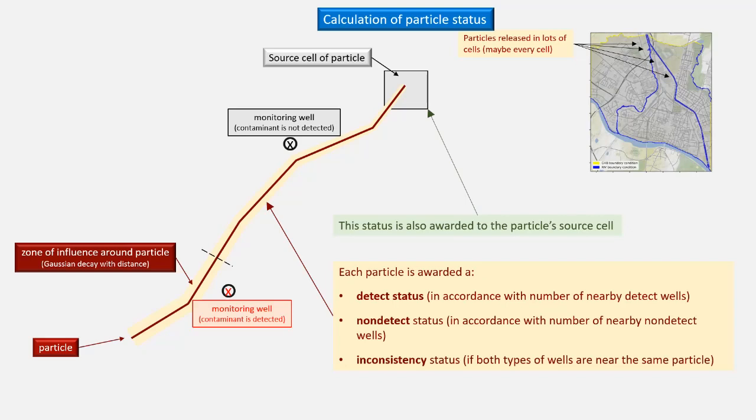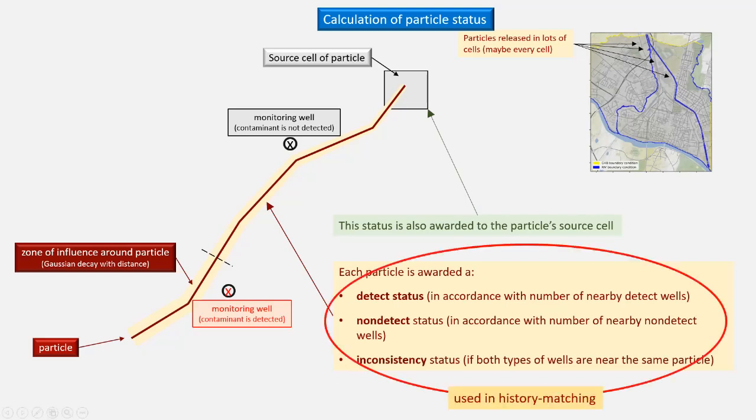Thereby, each model cell from which a particle originates is awarded a detect or non-detect status, which can be zero if the particle path passes near no observation well that detects contaminants or no observation well that does not detect contaminants. That is, passes near no observation well.